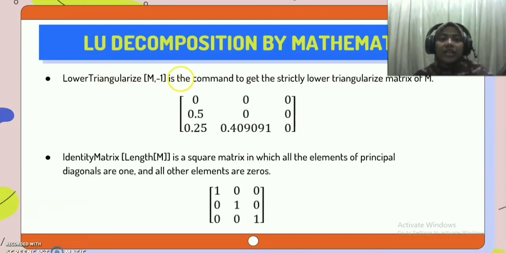LowerTriangularize[M, -1] is the command to get the strictly lower triangularized matrix of M. Strictly lower triangularized means that the diagonals are zeros.